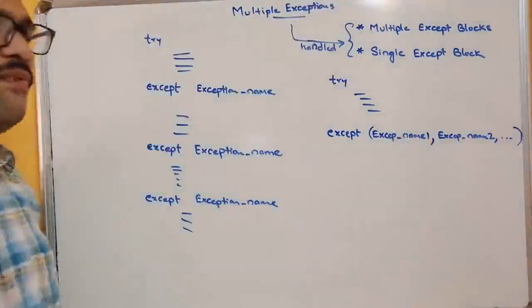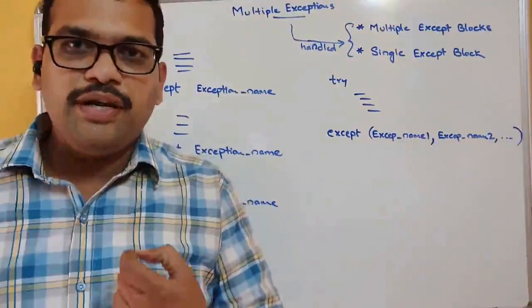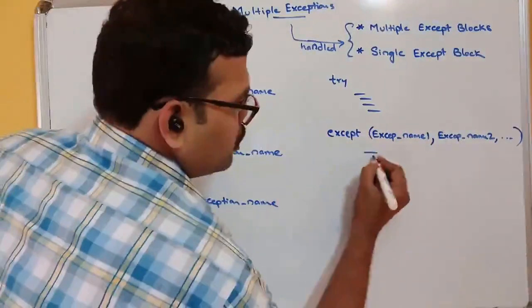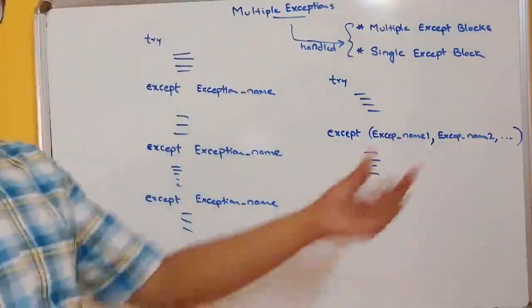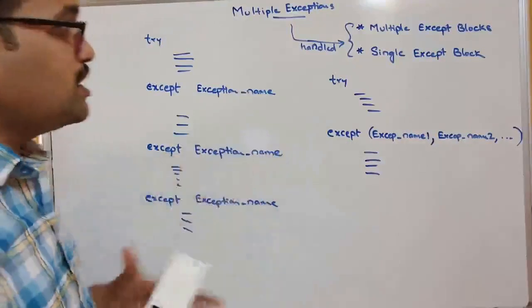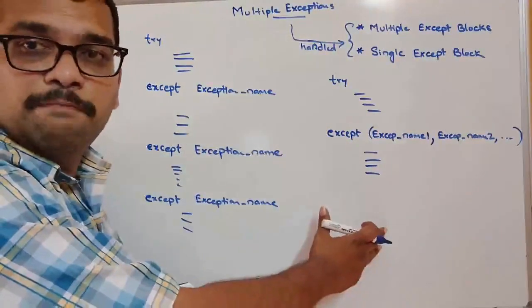You can specify multiple exception names in parentheses for the except block. In this way you can handle multiple exceptions using a single except block.